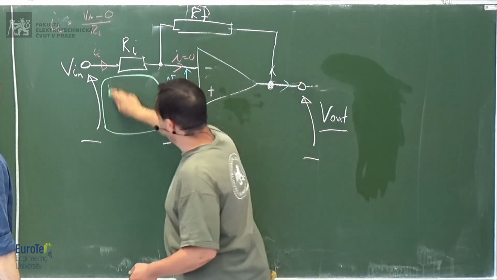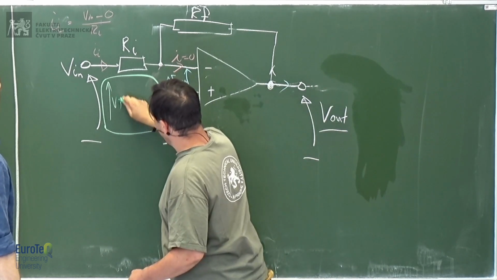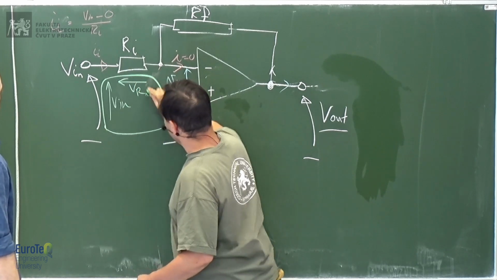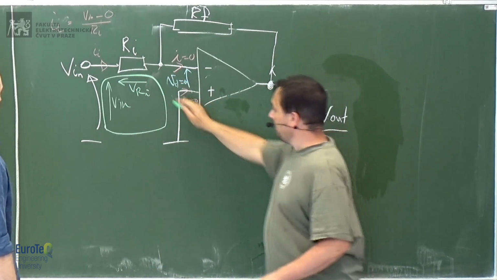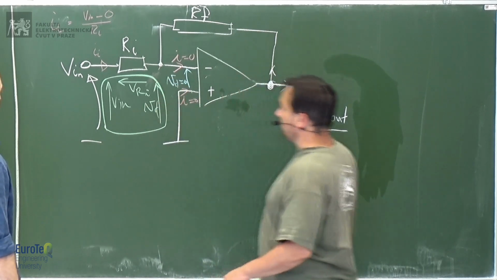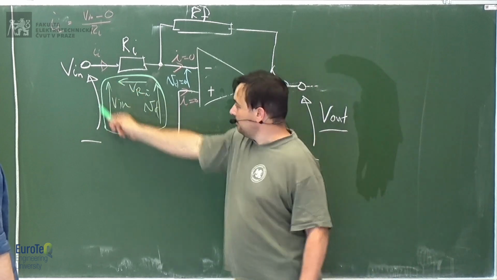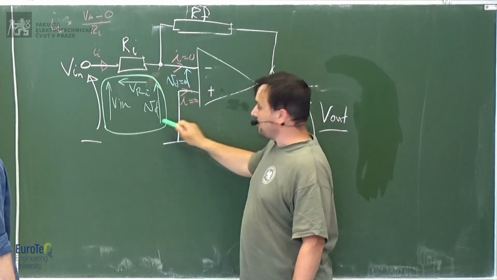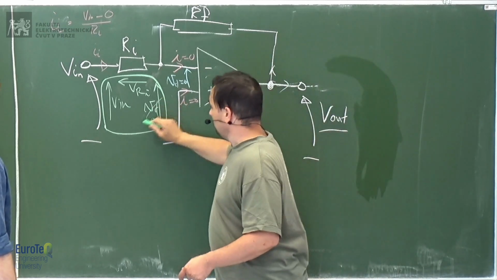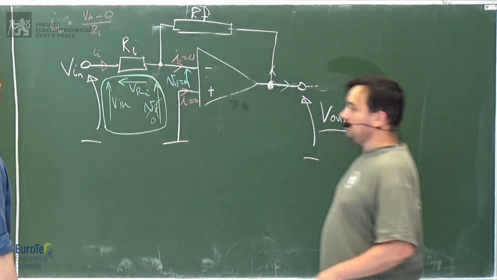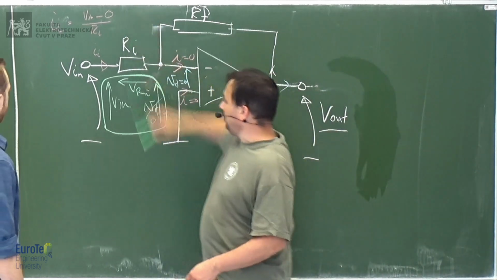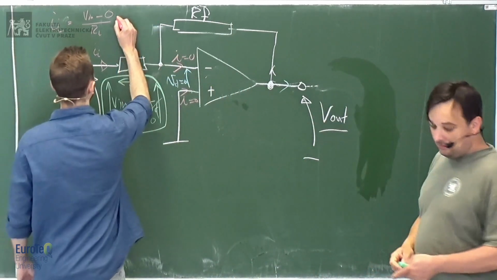In this loop we have V in, the voltage on the resistance, and then VD, correct? Yes. So V in is equal to VR plus VD, Kirchhoff law. This is 0, so V in is equal to VR, divided by R1, okay? So you can write here V in divided by R1.